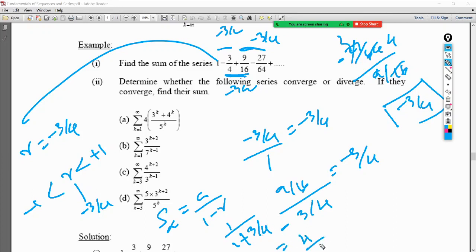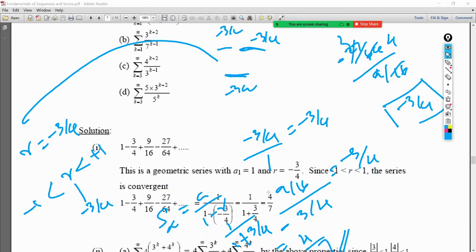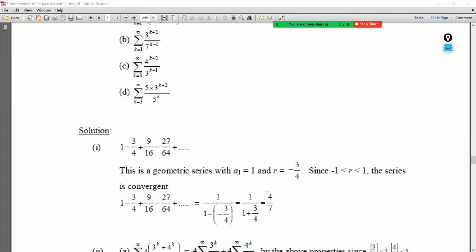So the sum is 4 by 7. If you go to infinity, we can't say it is exactly 4 by 7. It is getting closer and closer to 4 by 7. That is the answer. We were able to find it because R is between minus 1 and plus 1. Let's see the answer. Yes, 4 divided by 7.